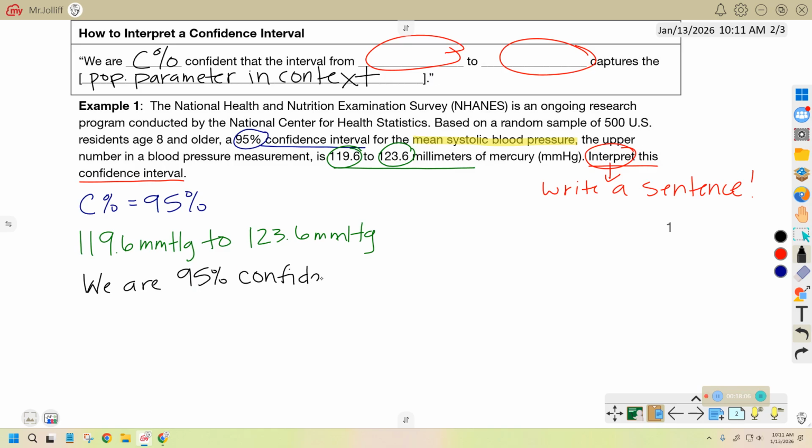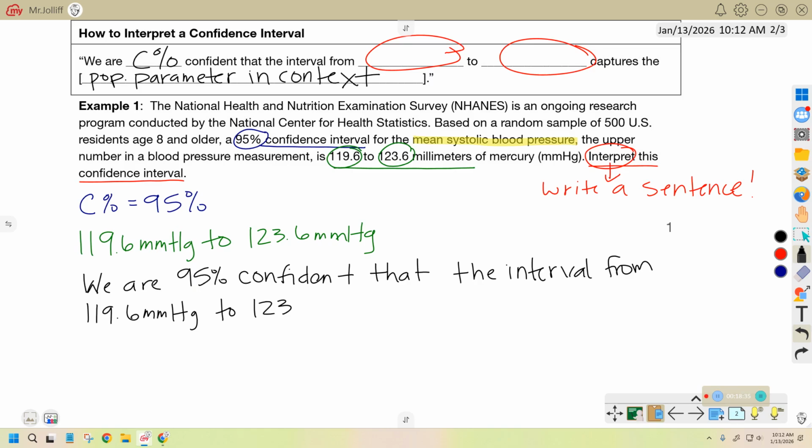Confident that the interval from, and then I encounter that pair of blanks, and that's what I wrote in green. That's that lower bound and upper bound. So 119.6 to 123.6. That's my pair of blanks.